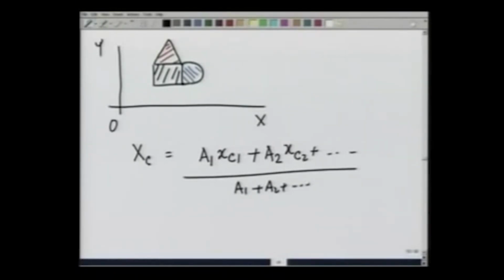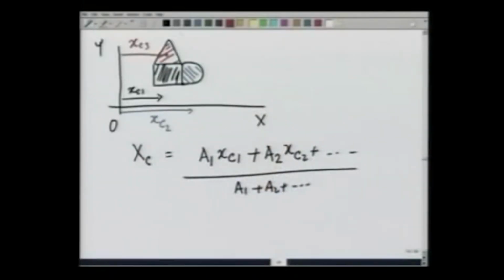That means, in this case, if I consider the square to be area 1, then x_c1 is known. Similarly, if I take the semicircle to be area 2, then x_c2 is also known because we already calculated it, and x_c3 for the triangle is also known. I also know the formula for the 3 shapes and therefore can easily calculate the centroid for the entire system.